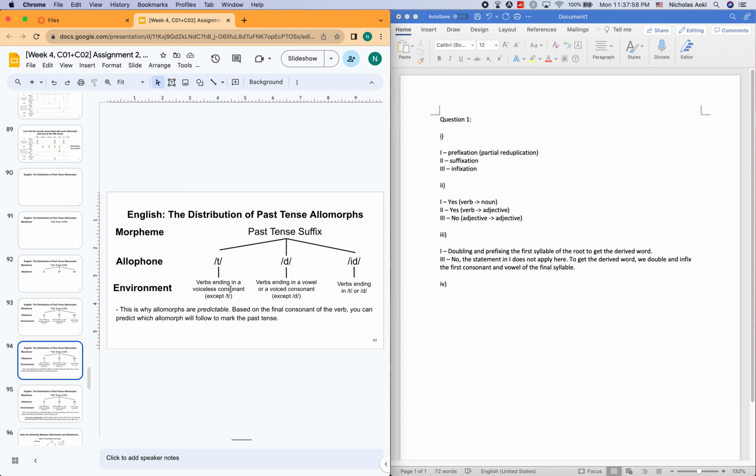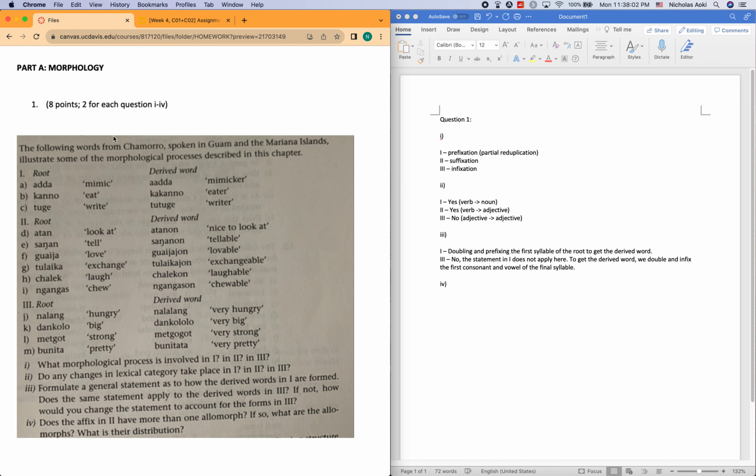So the allomorph t can only go after verbs that end in a voiceless consonant except for t, and so on. So we want to apply the same sort of logic for this question. For number 4, even though the transformation from the root to the derived word is always going from some verb to an adjective, we can see that what's being suffixed to the end of the root changes based on which word it is. So for atan, we add on. Same for sanyan, sanyanon.